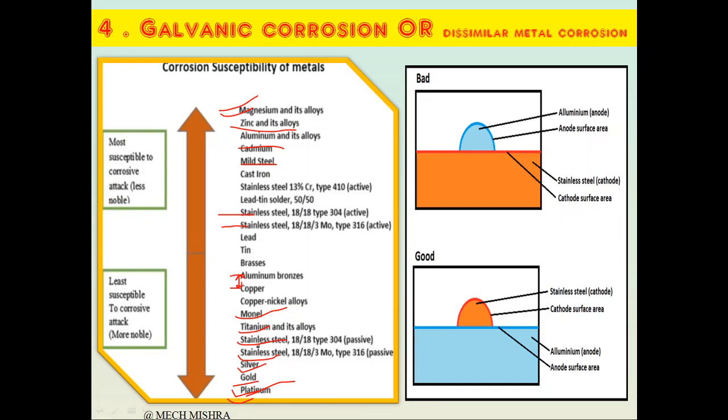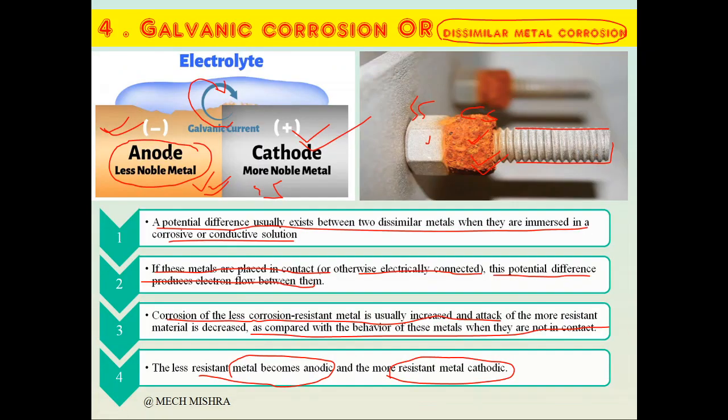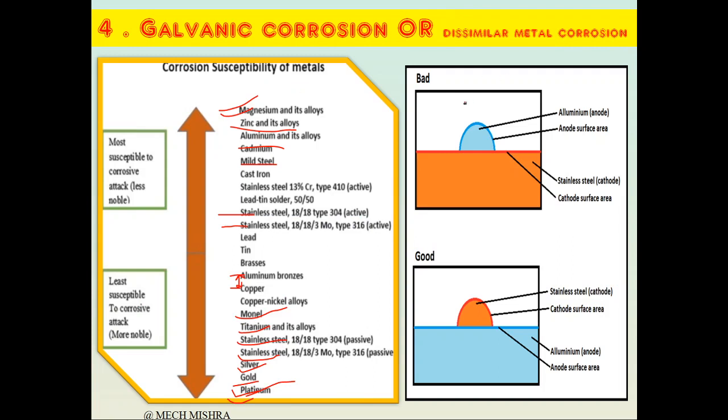One more important factor in the galvanic series is the surface area. If the surface area of the anode is less, then it will corrode very easily and be finished immediately. That's why we need to keep the anode surface area high. Here, for example, is a bad selection.